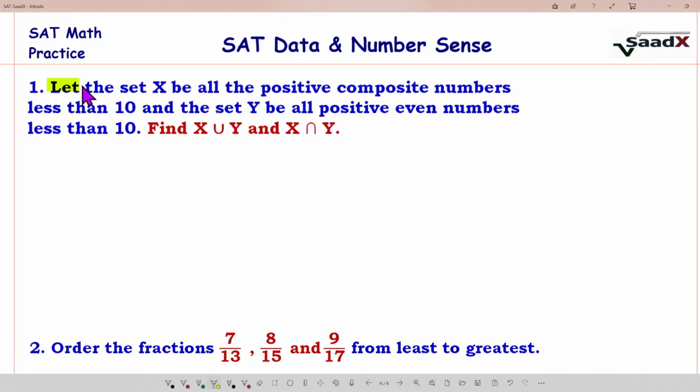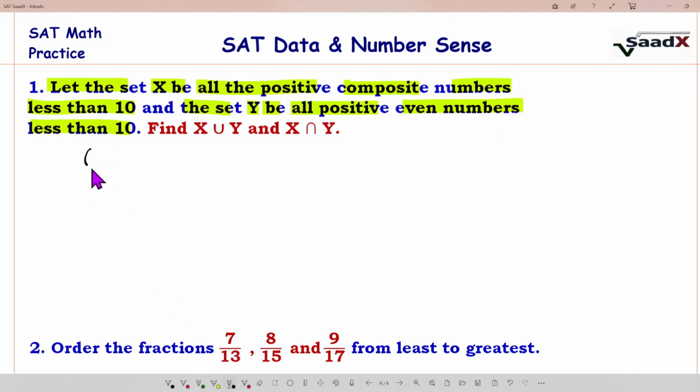Let the set X be all the positive composite numbers less than 10 and the set Y be all positive even numbers less than 10. So first we can write like this.